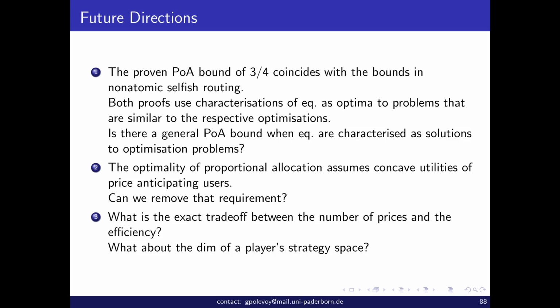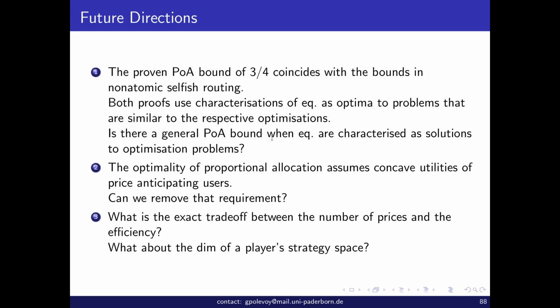The question is, can we prove some general bound on the price of anarchy for the cases where the equilibria can be characterized as solutions to optimization problems? Can we prove something general for such?